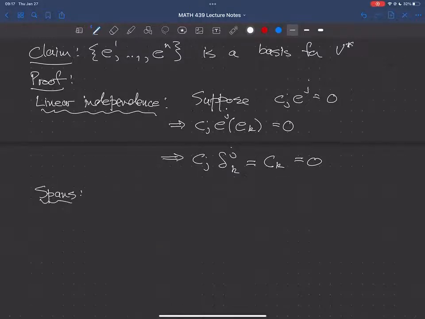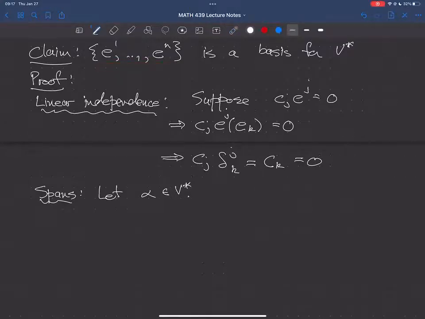Okay, so again, that actually does it. I would be finished right now, but I'm going to show the spanning property because I think it's illustrative. So what I need to do is take an alpha in V star, and I need to show that alpha is a linear combination of these guys, which I'm trying to show are a basis.